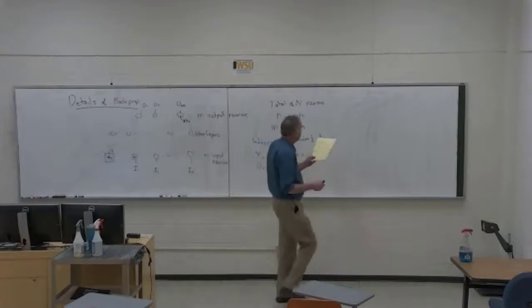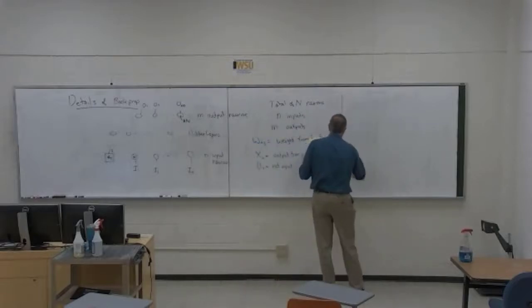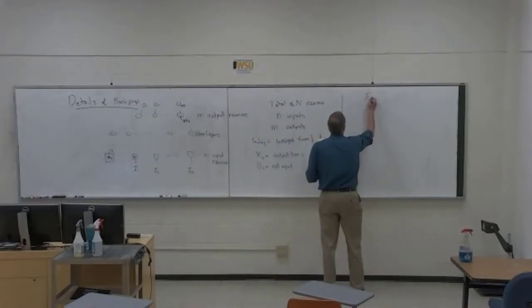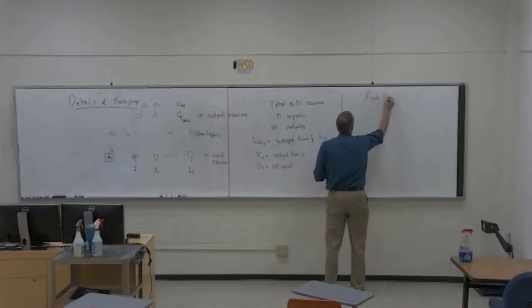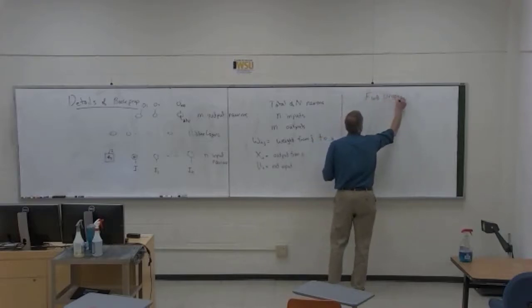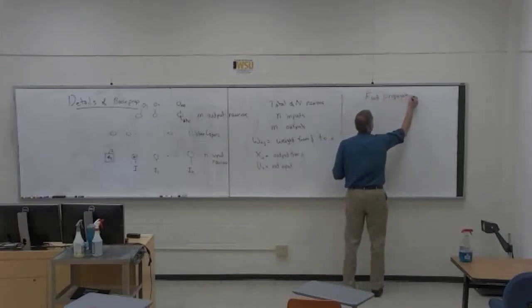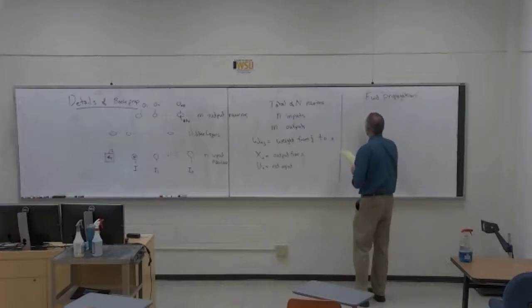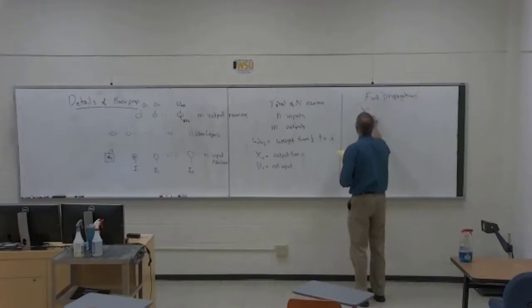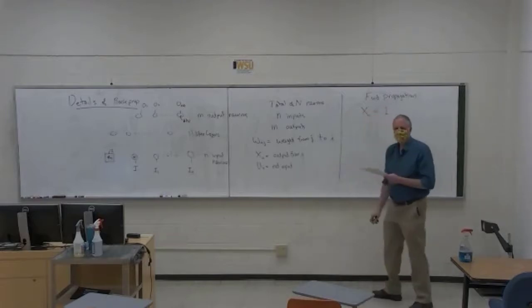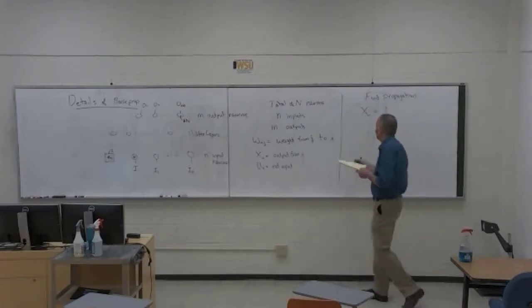All right, so the way that we do the processing is we do a forward propagation. The bias, x0, always sends out a 1. We do that already, that's just how it works.